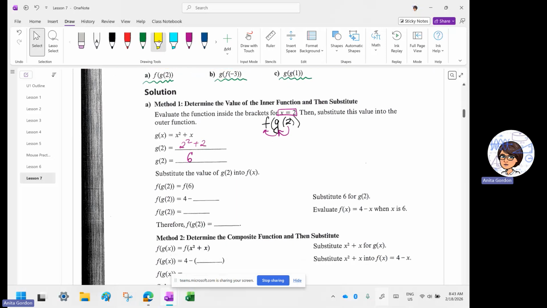So g of 2 is 6. I'm putting g of 2 into f, which is the same thing as evaluating f at the number 6. So this is 4 minus 6, which ends up being -2. So the composition function f of g of 2 gives me a final output of -2.